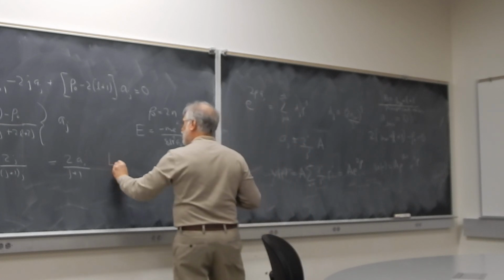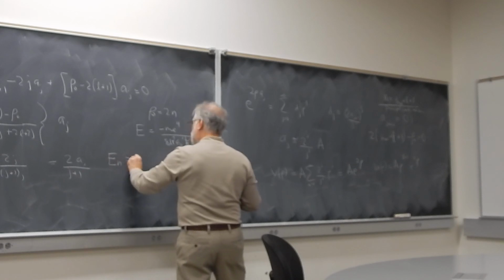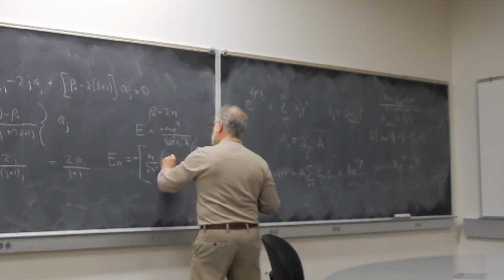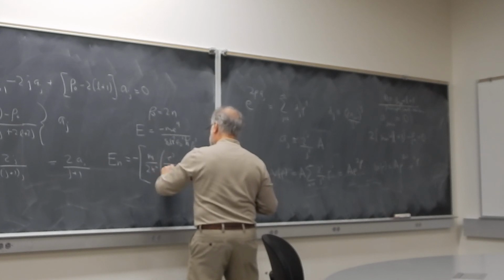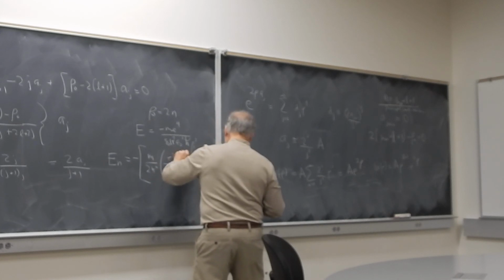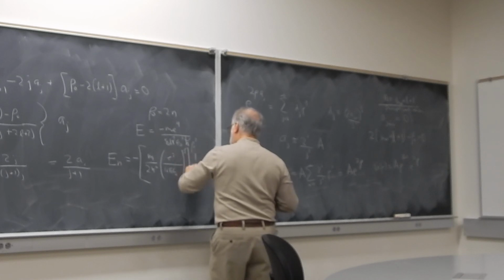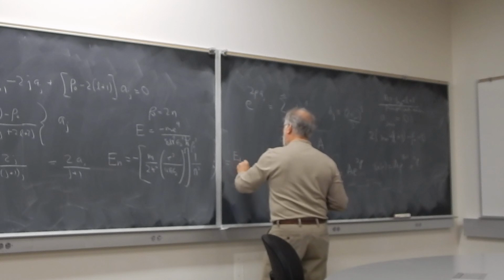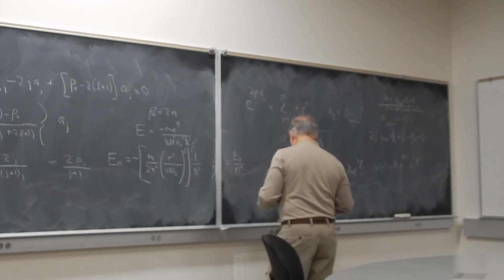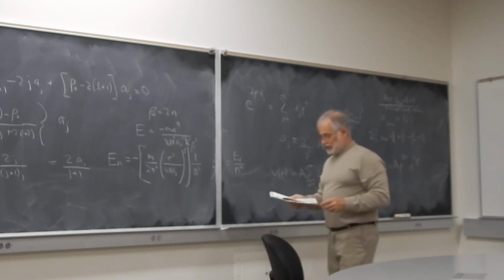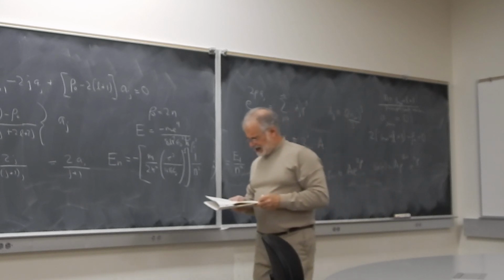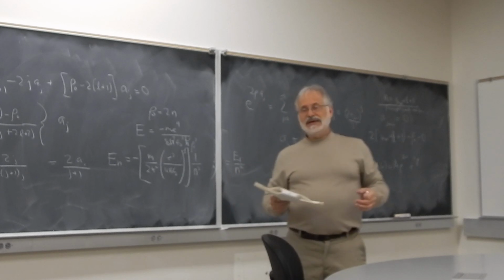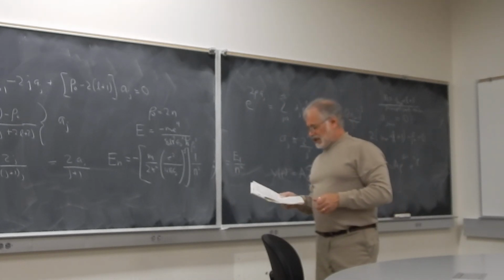So E sub n then looks like minus m over 2 h bar squared times e squared over 4 pi epsilon naught, quantity squared, times 1 over n squared, or I can write that as E1 over n squared. That's the result that Bohr had obtained in 1913, but by a completely different method, and of course, the logic here is rock solid.